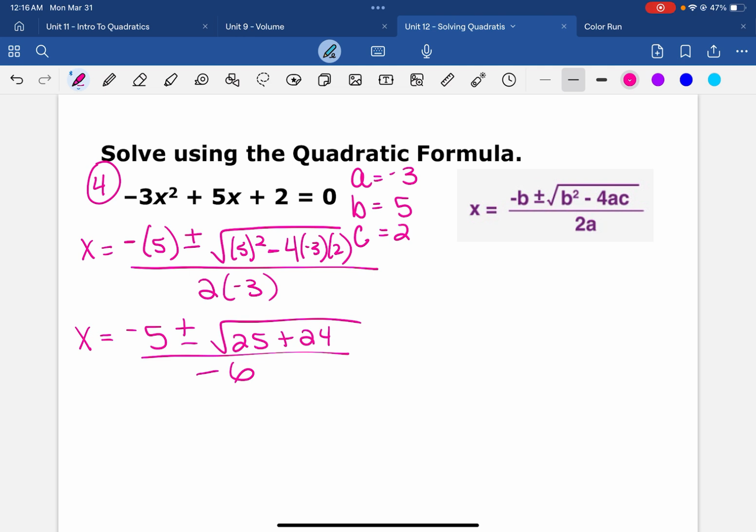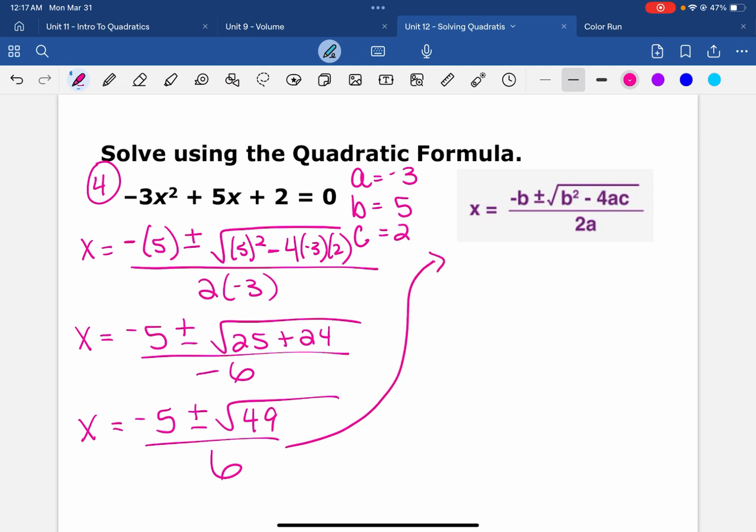Still combining under the radical. -5 plus or minus the square root of 49 over 6. So hopefully you can see that that becomes X is equal to -5 plus or minus 7 all over -6. I forgot the negative back there.